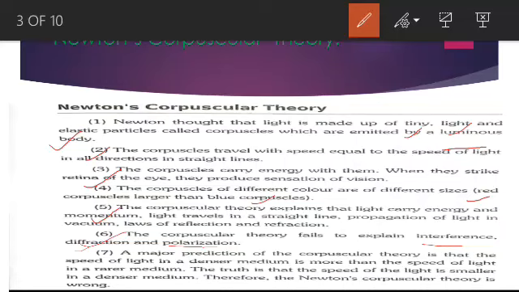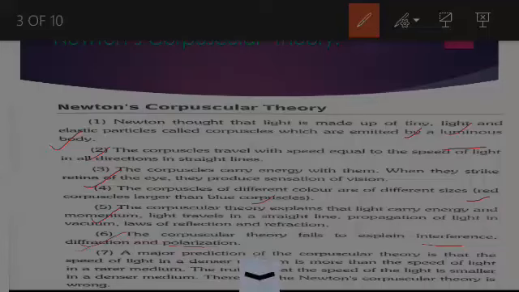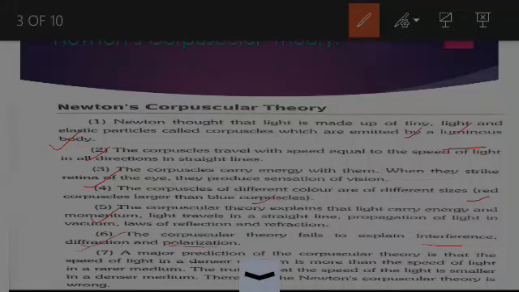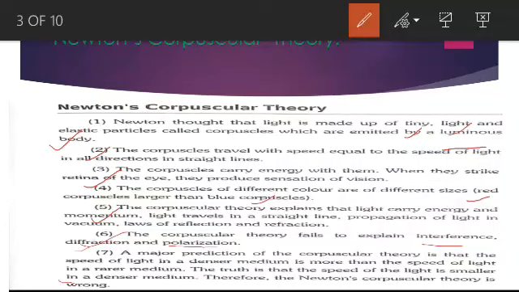And also we know by later investigation that the speed of light is smaller in a denser medium and larger in a lighter medium, or the medium which is less dense.